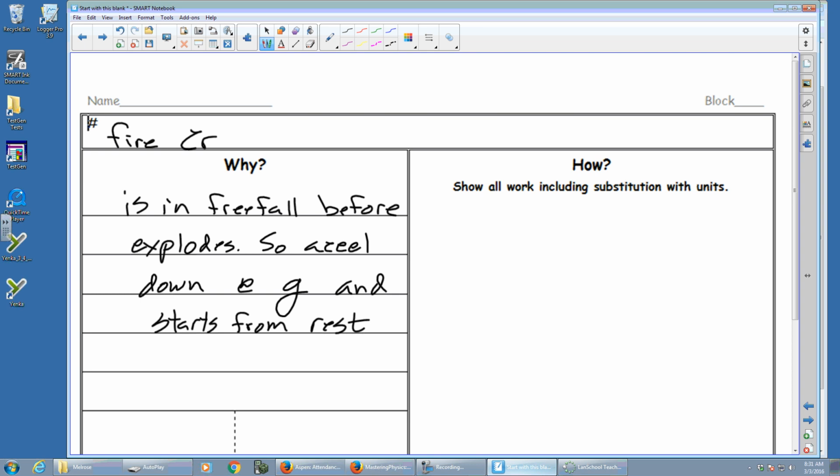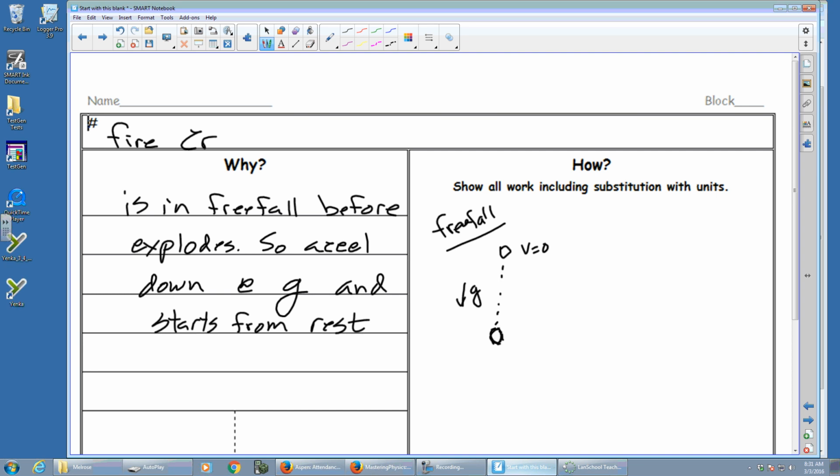So in my solution part, I'm going to go, okay, it's in free fall, so it's accelerating downwards. I'm assuming you guys can do the vector diagram. Just walking around, it looks like you all had it. It's here, and it has a velocity of 0, and it falls down the whole time, accelerating at little g.